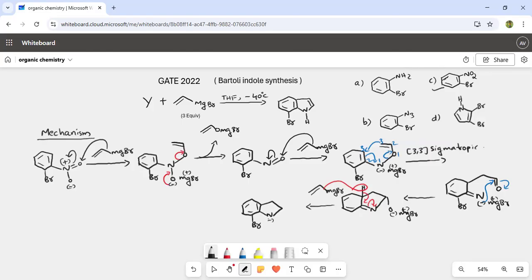Nitrogen now has a negative charge, MgBr is bonded to it, and oxygen is O minus with MgBr bonded to it.